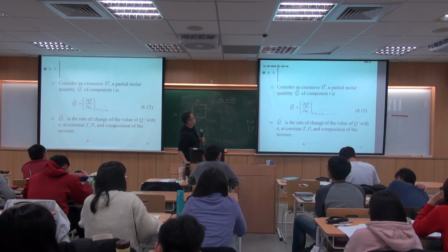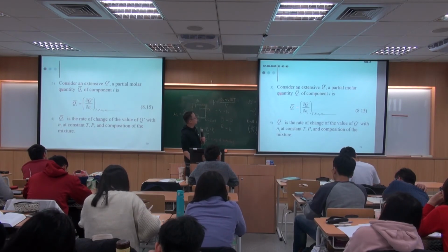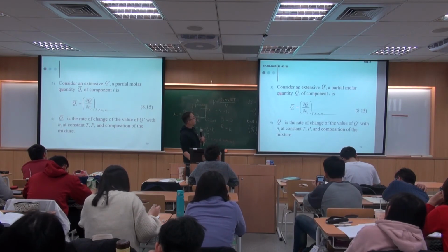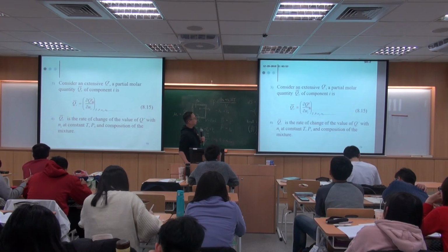So let us just consider a generic extensive property called Q prime. Then the partial molar quantity Qi prime is partial Q prime over partial Ni.